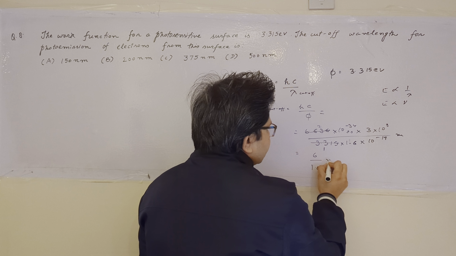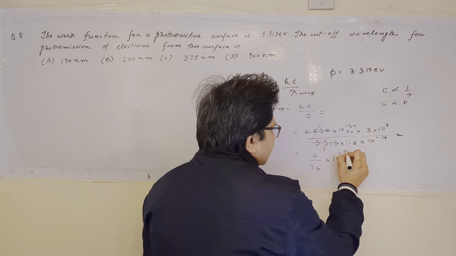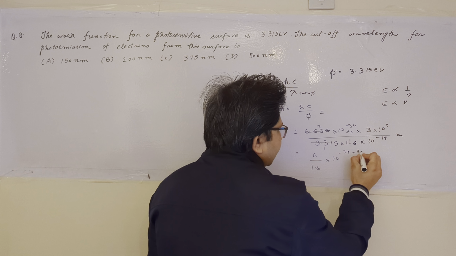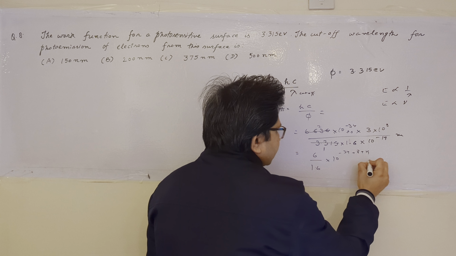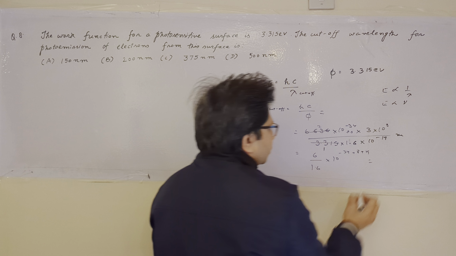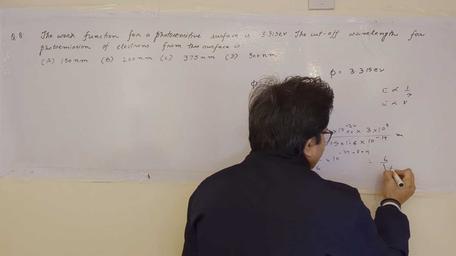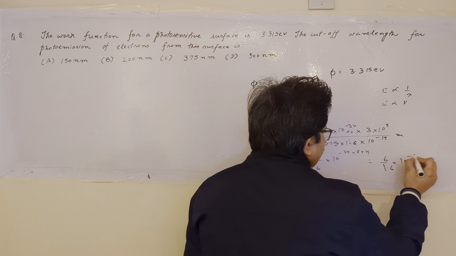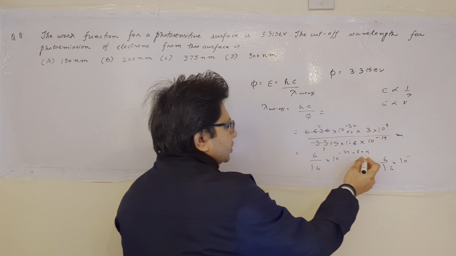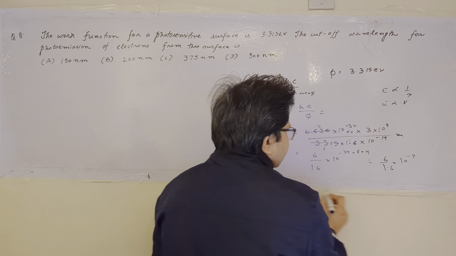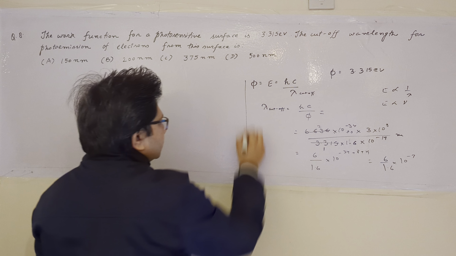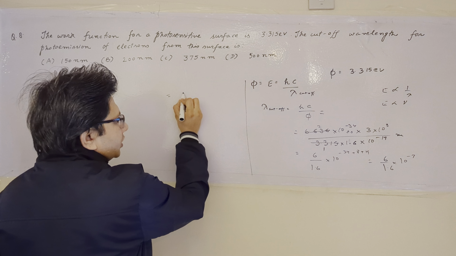So 6 upon 1.6 into 10 raised to the power minus 34 plus 8 plus 19. In this way, this comes out to be 6 upon 1.6 into 10 raised to the power minus 7.